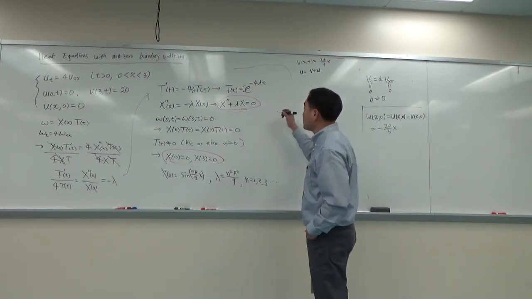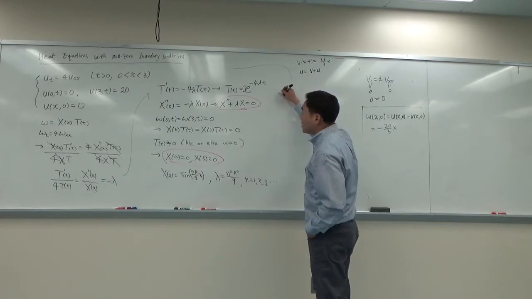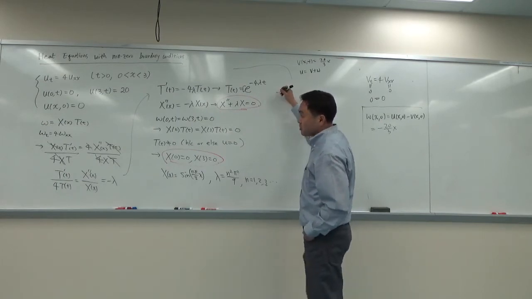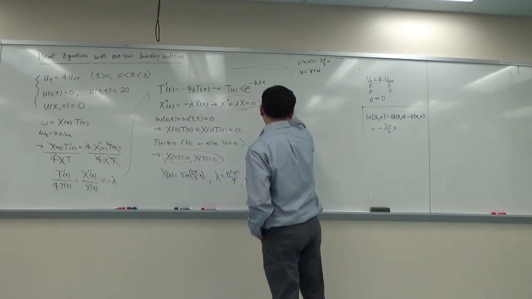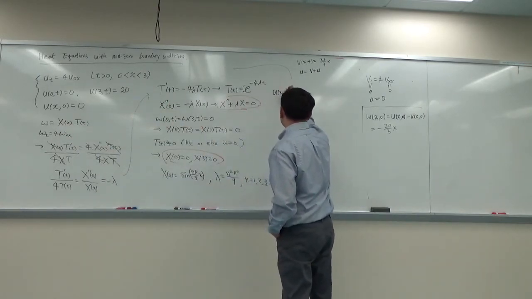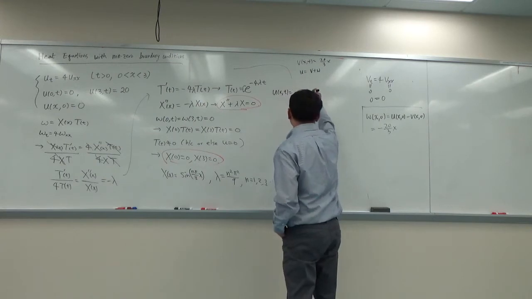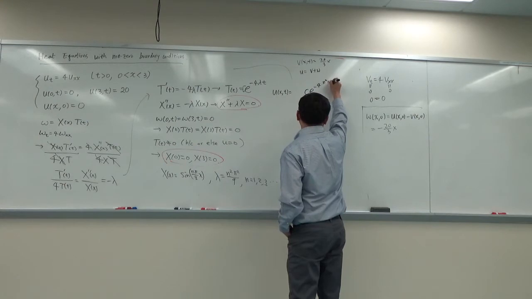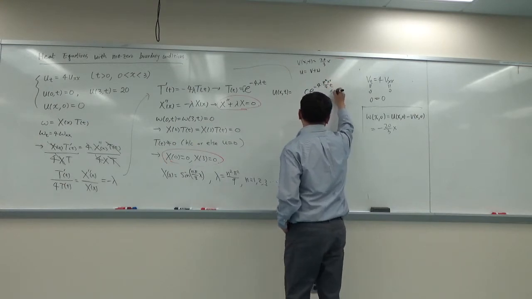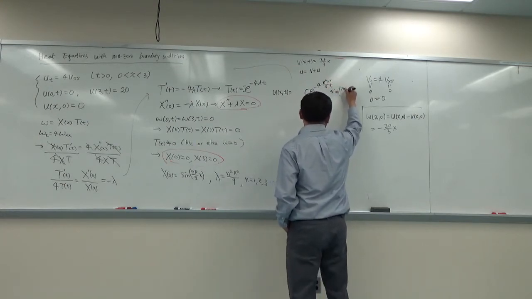So if you multiply them, you end up saying that a non-trivial solution of the form a function of x times a function of t must look like w of x, t equals some constant times e to the negative 4 n squared pi squared over 9 t sine n pi over 3 x.